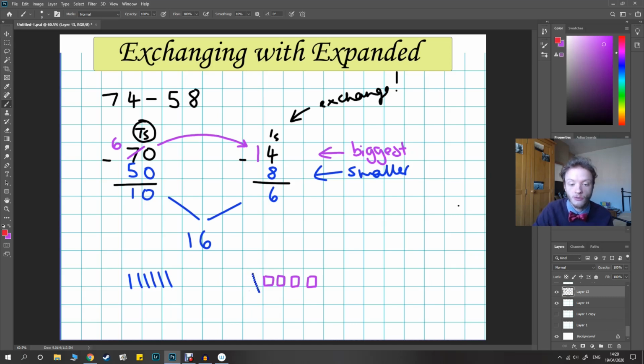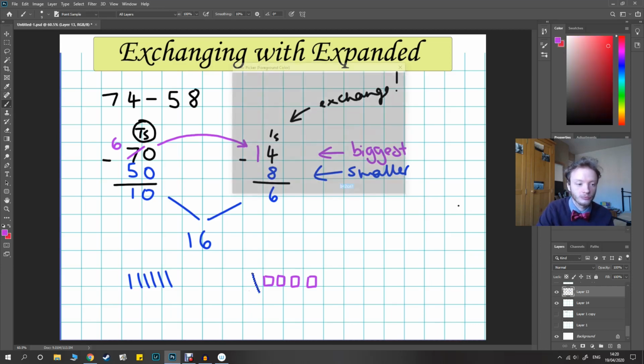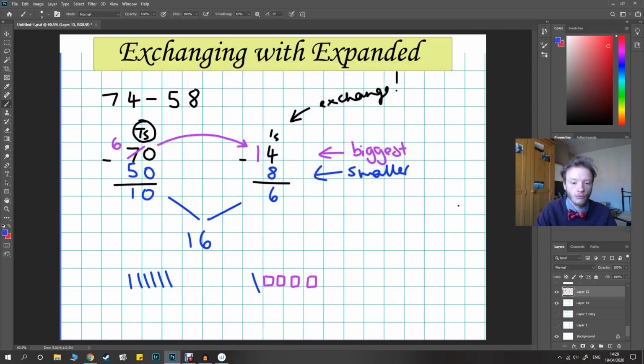Then I've got 14. Technically that would split up, wouldn't it? I'd have to split the 10 up into 1s, and doing that would give me 10 extra 1s.